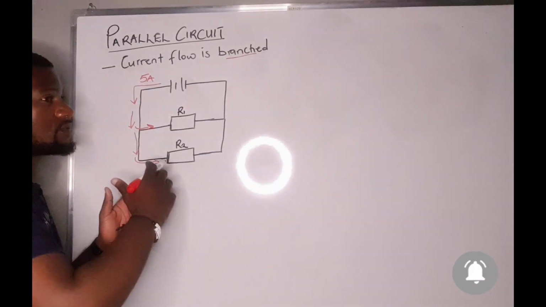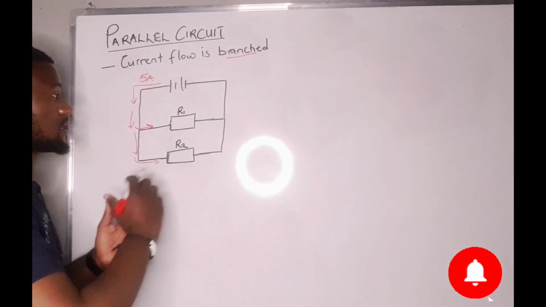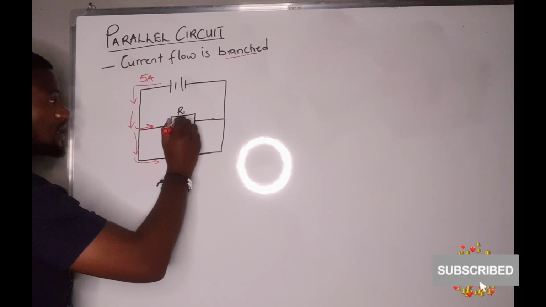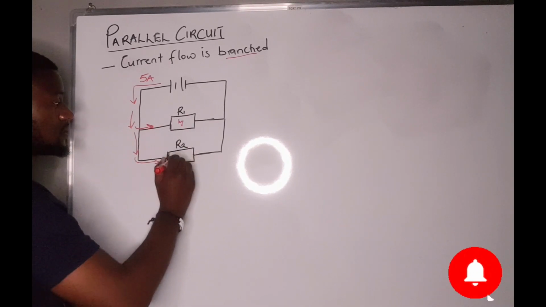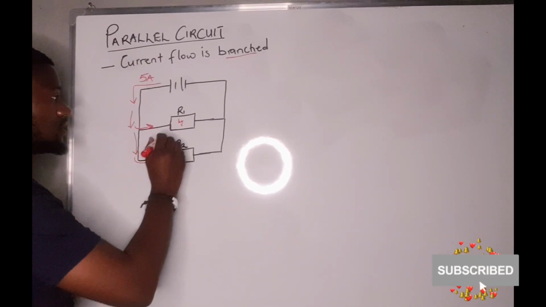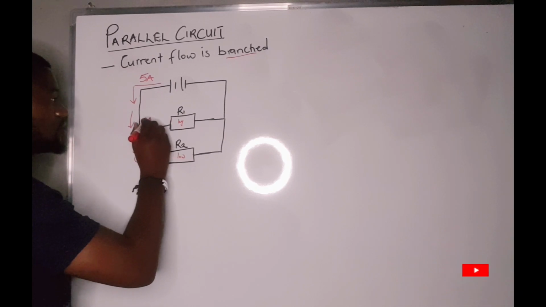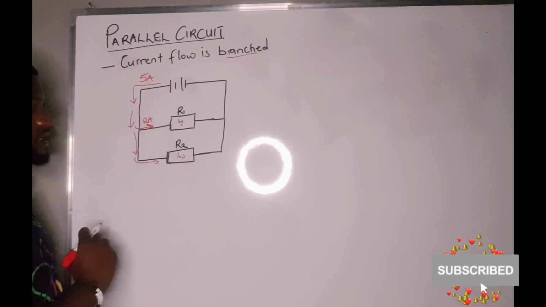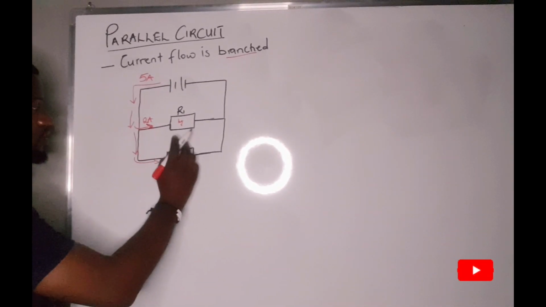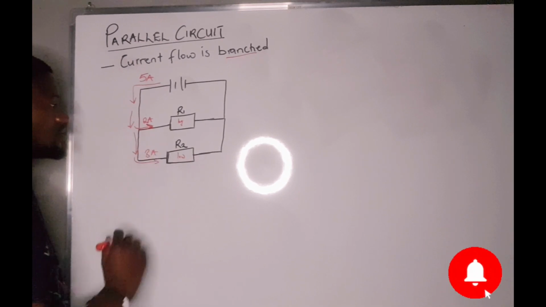So the higher the resistance, the lower the current that is flowing. If this one has got a higher resistance, then we are going to have maybe 2 amps flowing through it. Then this other one will have a low resistance, where we are going to have 3 amps flowing.